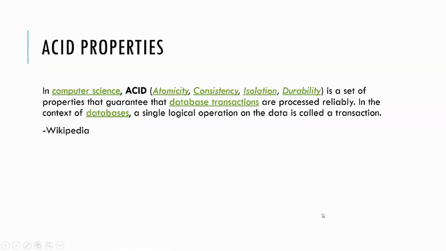So for that, there is something called ACID properties. Typically ACID means atomicity, consistency, isolation, and durability. These are the minimum set of properties that guarantee that database transactions are processed reliably.